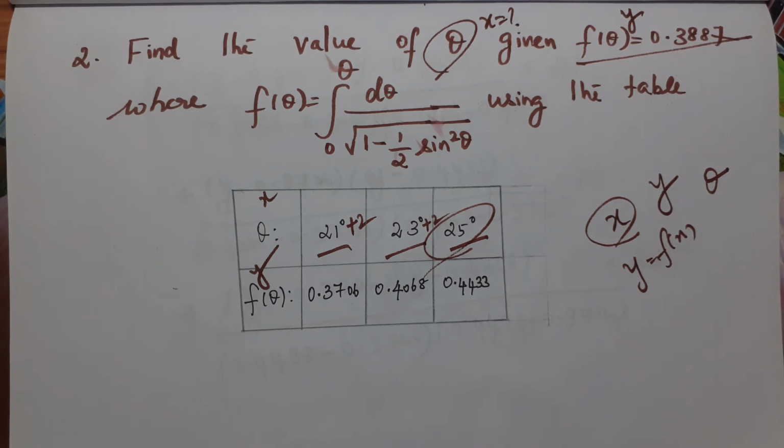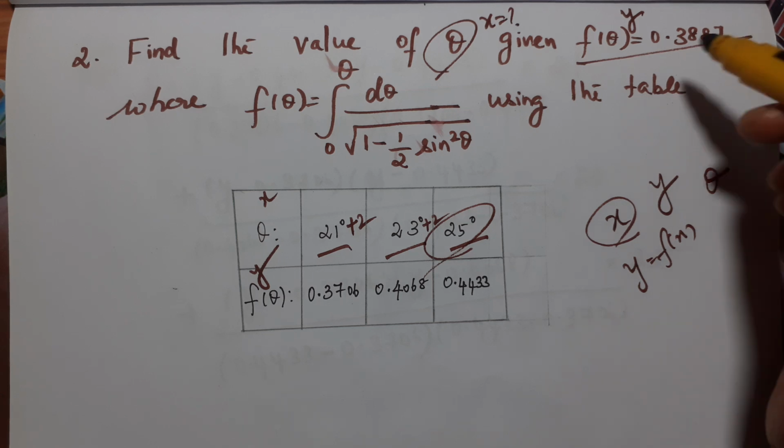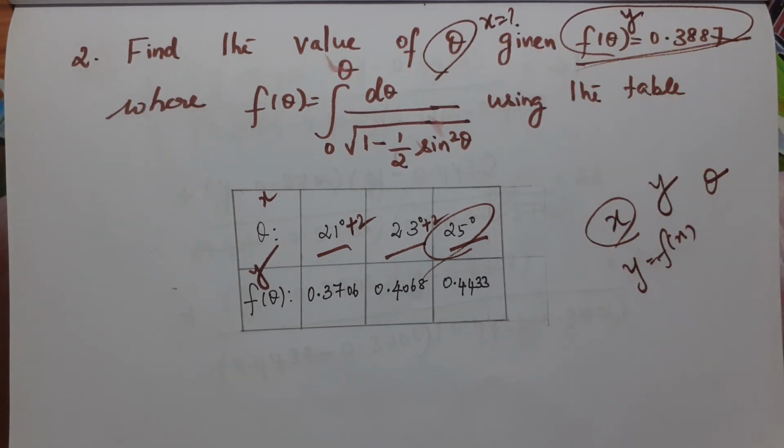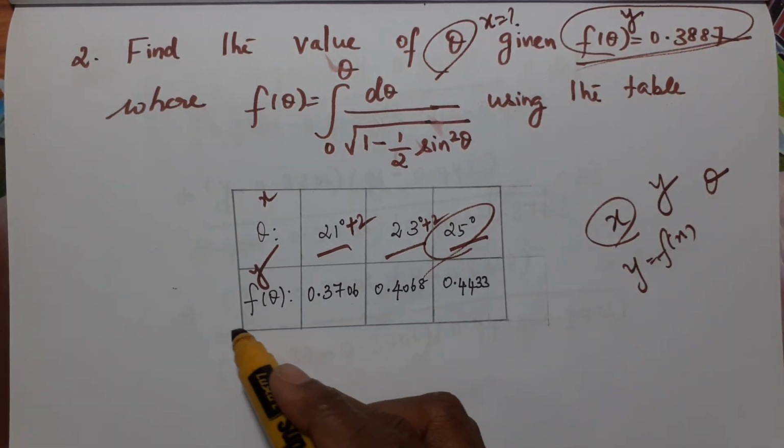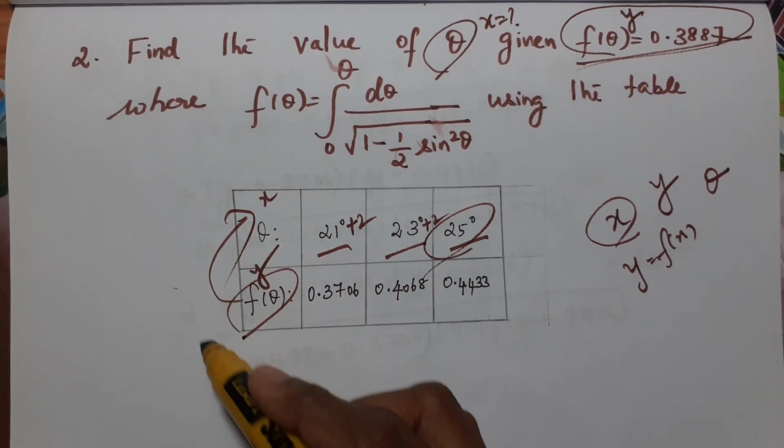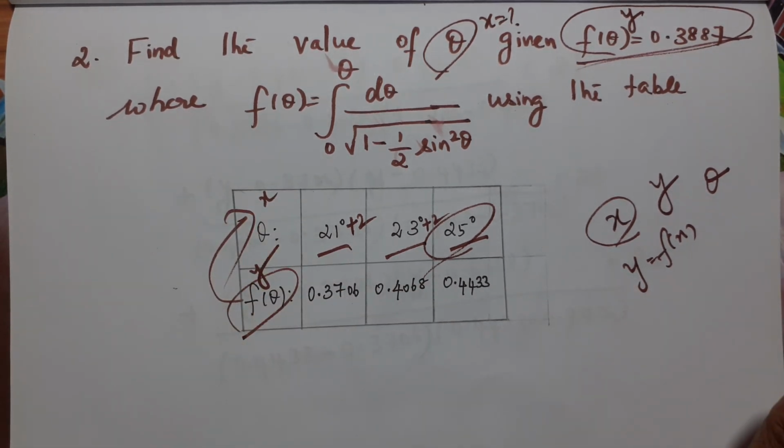So two methods we can apply, either Lagrange interpolation formula or Newton's formula. But I am not going to use Newton's formula because it is not applicable here, since they have given a y value and we have to find the x value. So for this, only the inverse Lagrange interpolation formula is applicable.